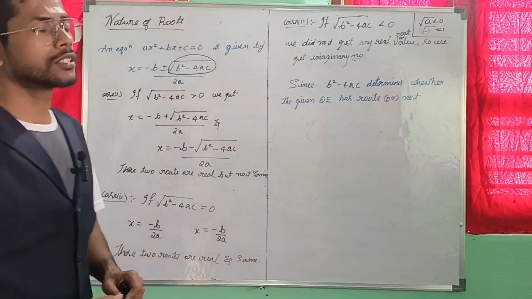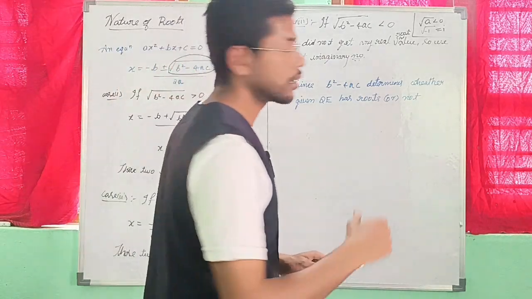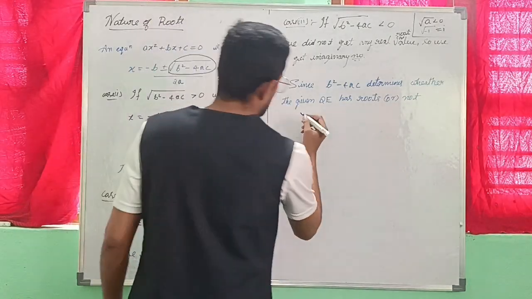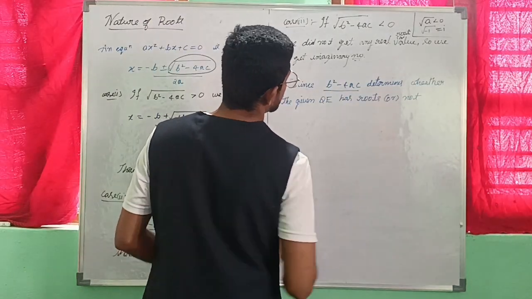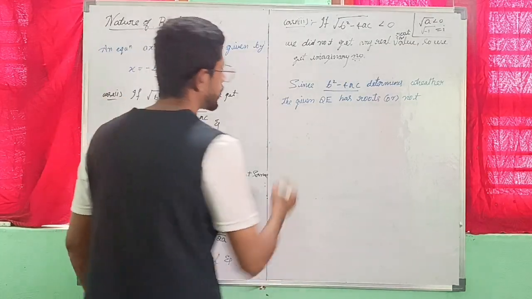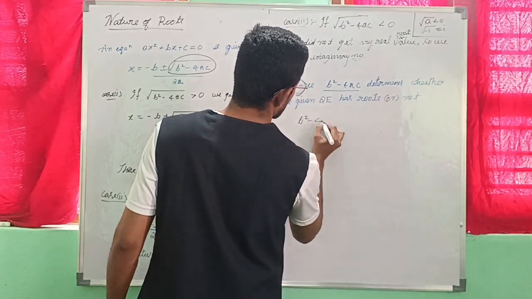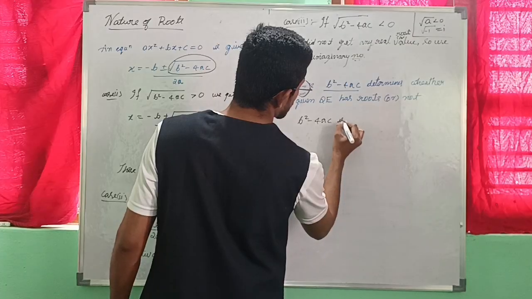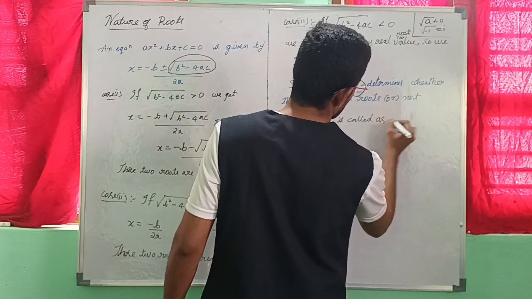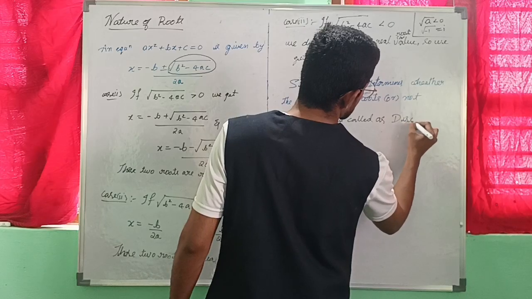And this b square minus 4ac is called the discriminant.